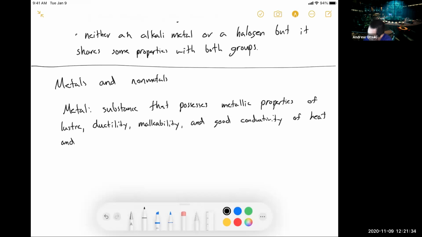So the difference between ductility and malleability: ductility, I think you can pull into wires, and malleability is basically things you can bend to shape.